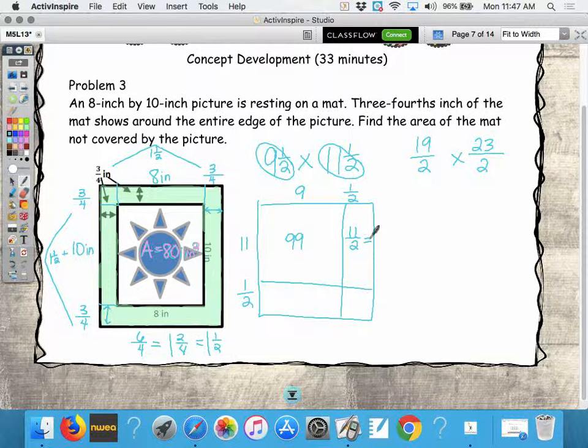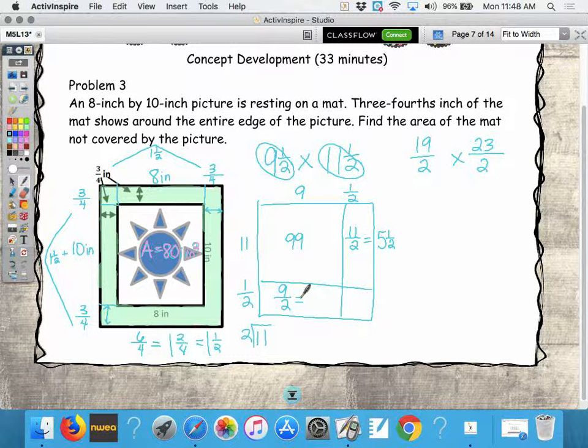Now, if it helps, Abdiel, you could do this. 11 divided by 2. Okay? Five and a half. Good. Okay, so a half times 9 is 9 halves, correct?